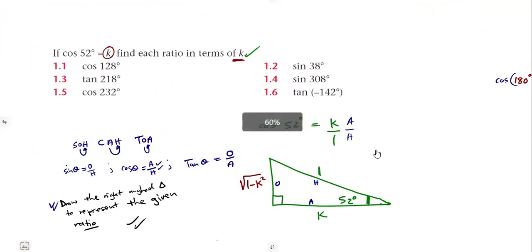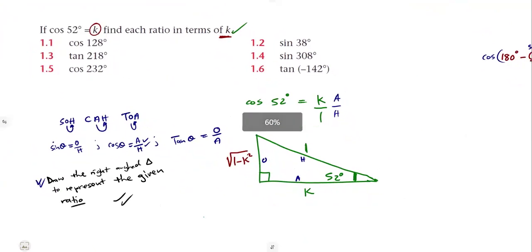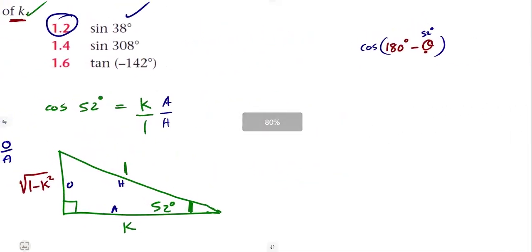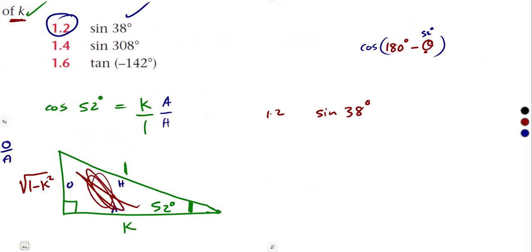That is the idea. What about this one, sine 38 degrees? Because you might be wondering what am I supposed to use there to reduce this one. This one on 1.2, you have sine 38 degrees. You can answer it directly because you know that angles in a triangle add up to 180 degrees.